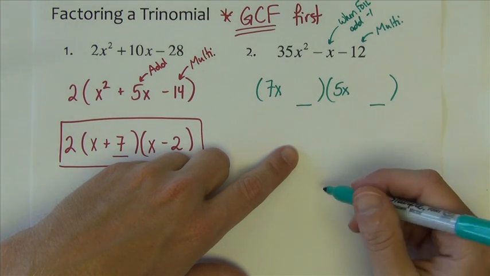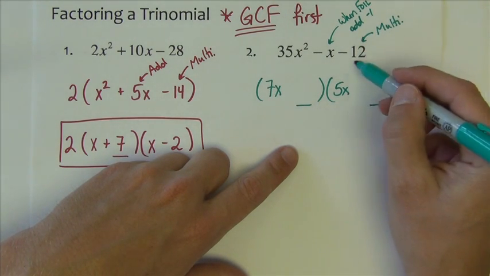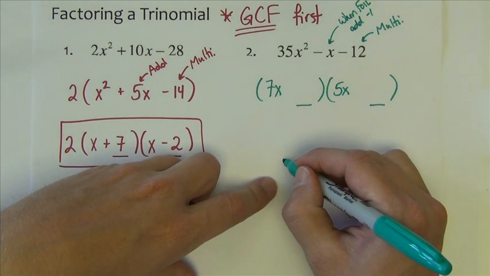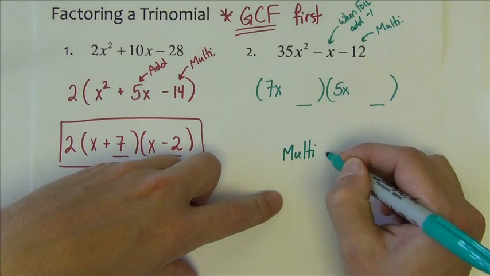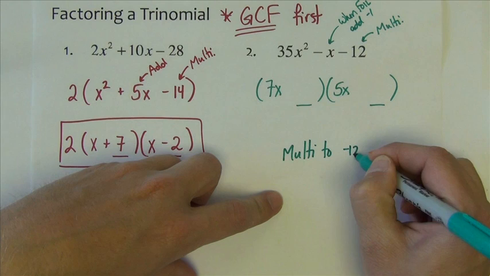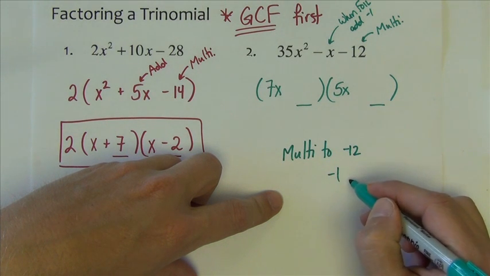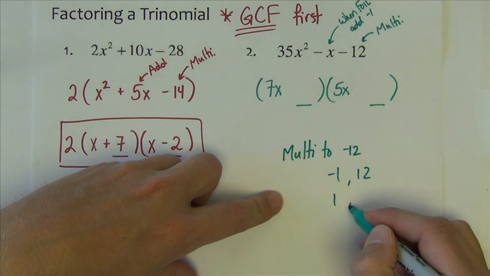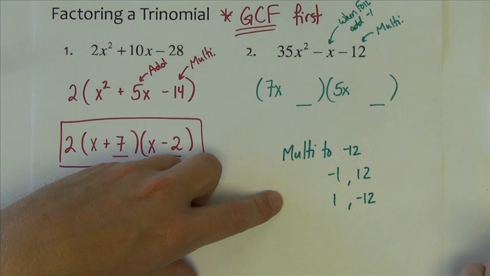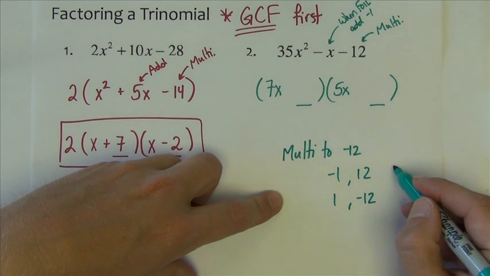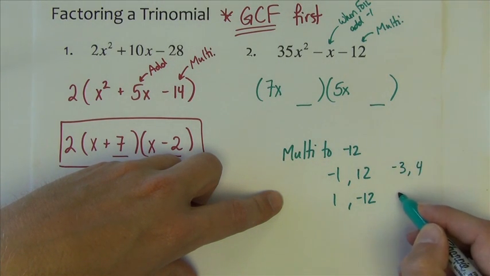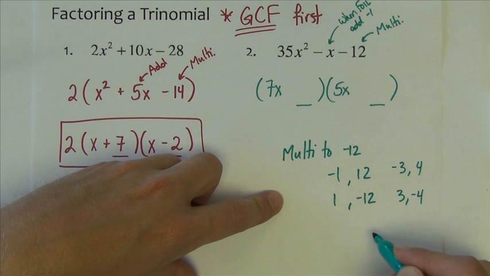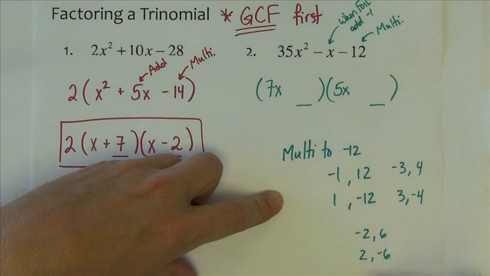So I have to consider multiplying to negative 12. I could choose negative 1 and 12, 1 and negative 12. We could choose negative 3 and 4, 3 and negative 4. I could also choose negative 2 and 6, 2 and negative 6. So there are 6 different options.